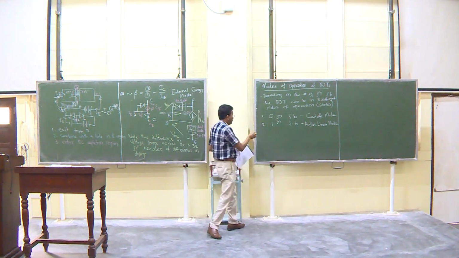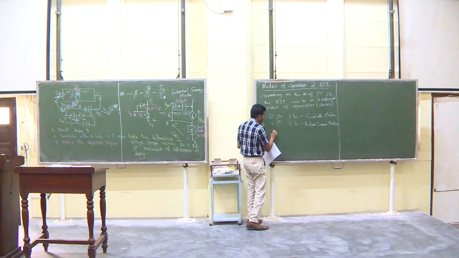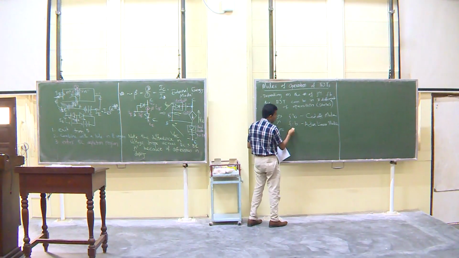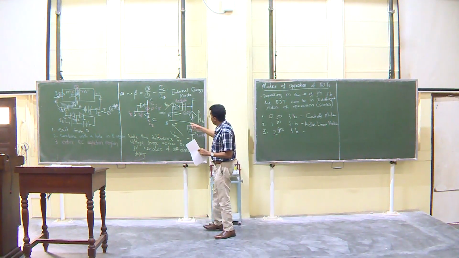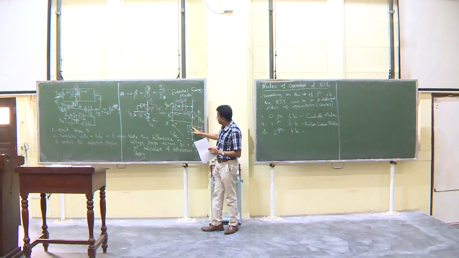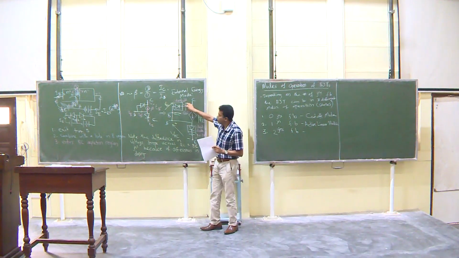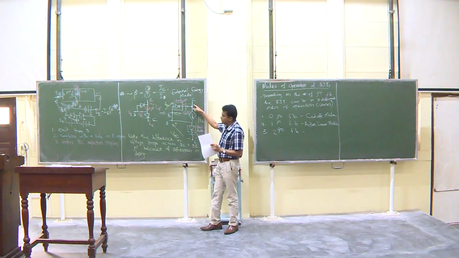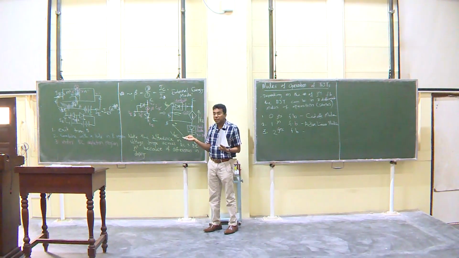Number 3 is where both junctions are forward biased. In such situations, this is open, this is short circuited. So, what you have is a connection between here and here, 0.7 here, 0.5 here. The voltage across this is 0.7, and the voltage does not really change after that.